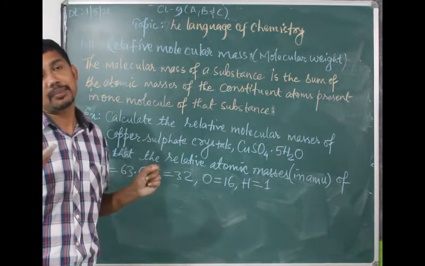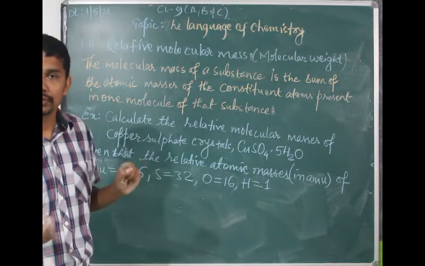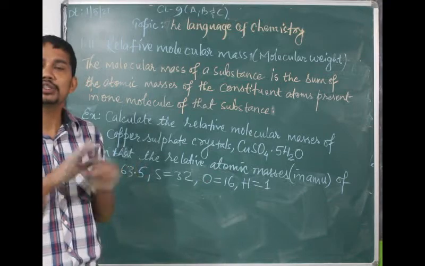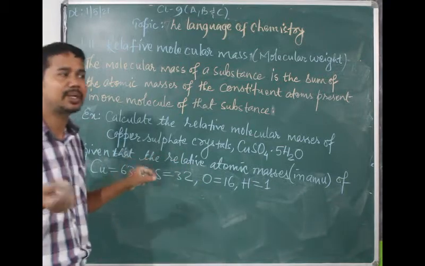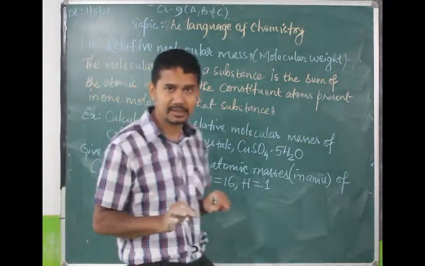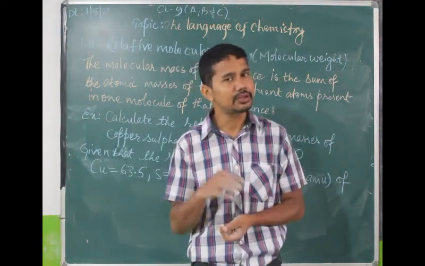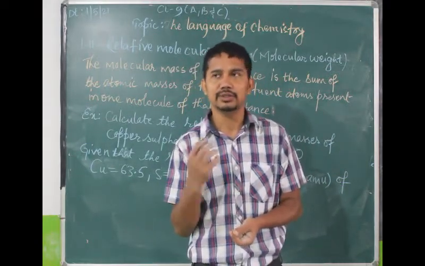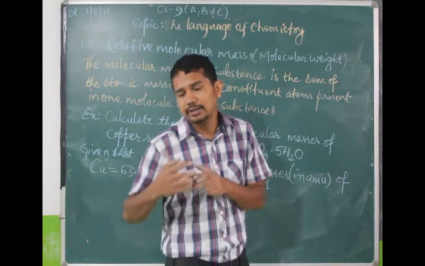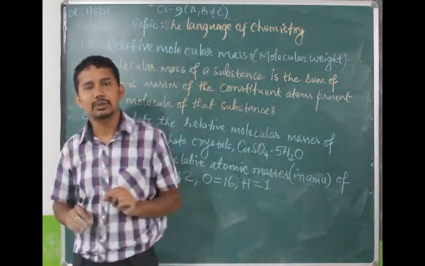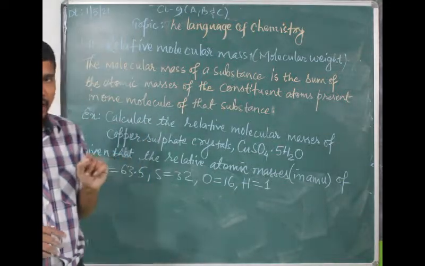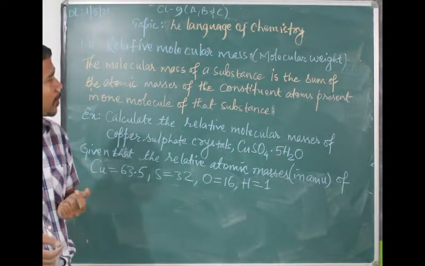Sometimes the molecular formula will be given to you, and sometimes it is simply asked to find the molecular mass of a particular molecule without giving the formula. So, it is your duty to know the molecular formula, and in some it will be given also.